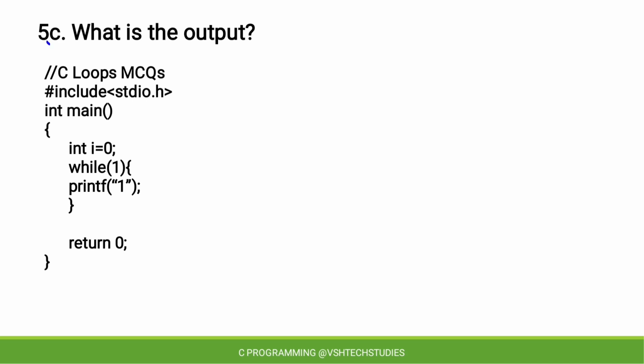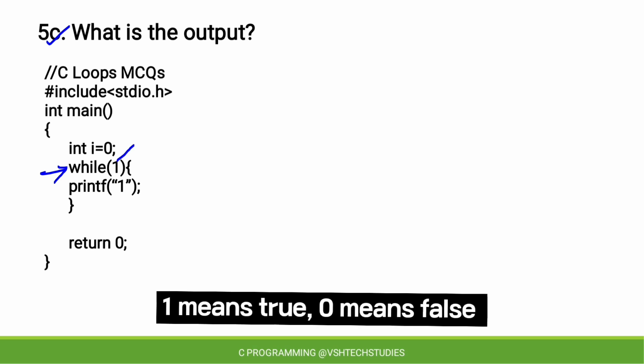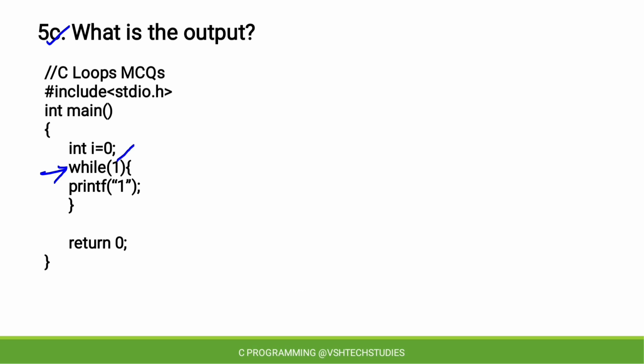So next question 5c, in this question we have a while loop here. Condition, if you see, 1 is mentioned. 1 means true. So when the expression is true, 1 is always 1 and always the condition is true, means this loop body gets executed continuously, repeatedly. What is mentioned here? Printing of 1 on the screen. So printing of 1 on the screen becomes never ending.